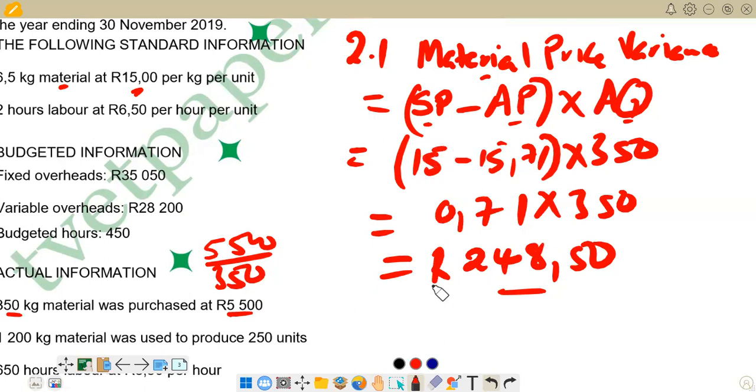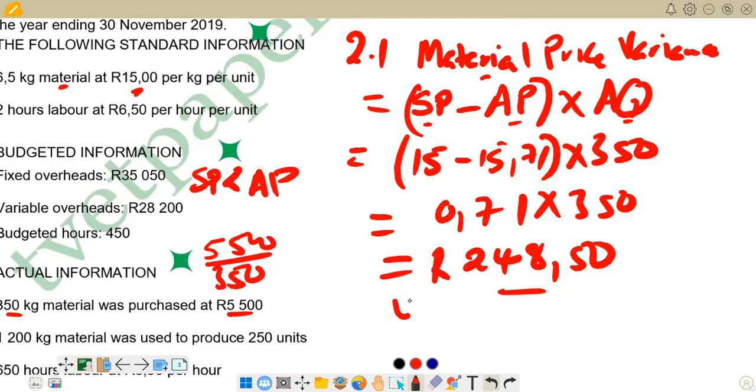In this case, we have our standard price being less than the actual price. When we have such a scenario, it means we have an unfavorable position.